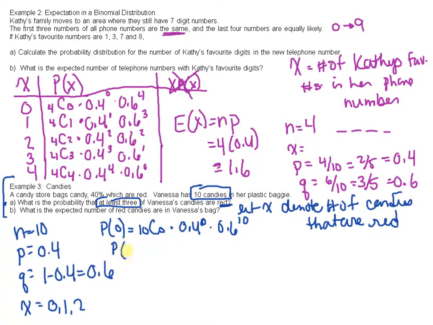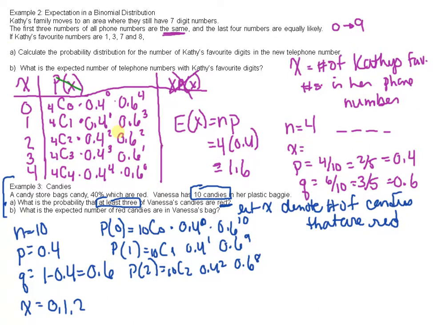Okay, now the probability of 1, and we'll do the probability of 2. And these ones we'll actually do in our calculators. So we'll do 10 choose 1 and 10 choose 2, 0.4 to the 1, 0.4 to the 2. Okay, and I'm just showing you how to pattern these. 10, this is going to be a 9, and this is going to be an 8.